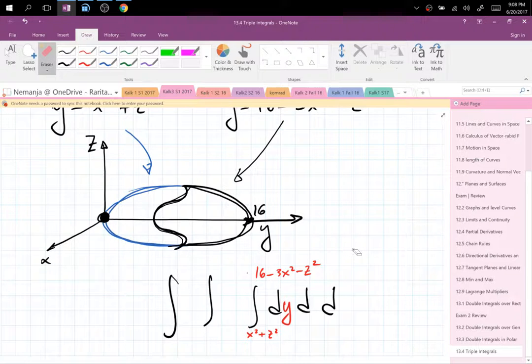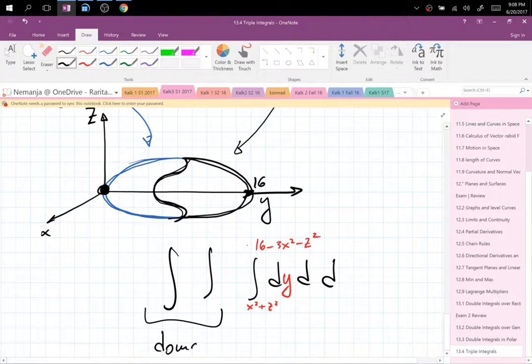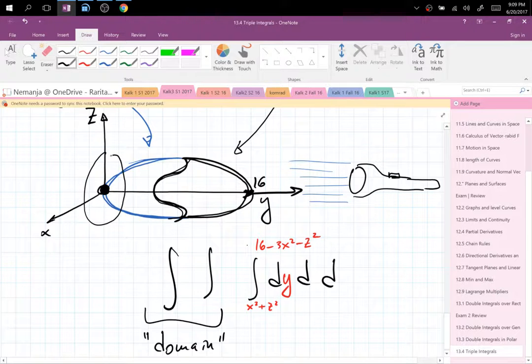All right, the next order of business is, you can think of the first two as the domain. And the domain you get when you take a flashlight, you shine the light, and that will create an image over here on the domain plane.